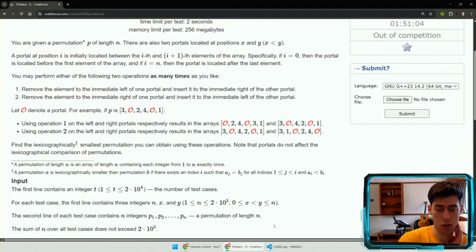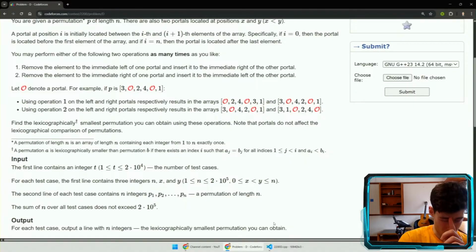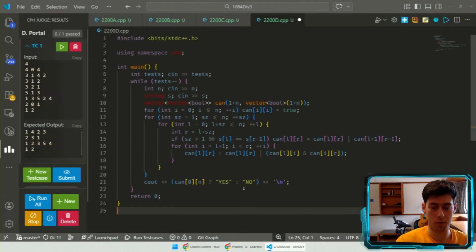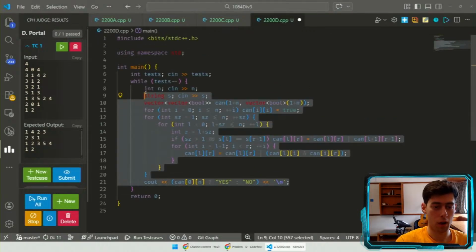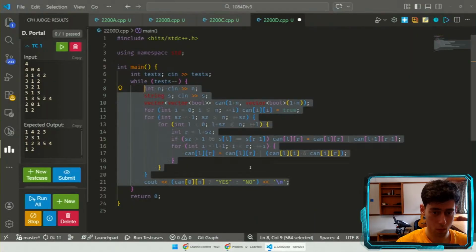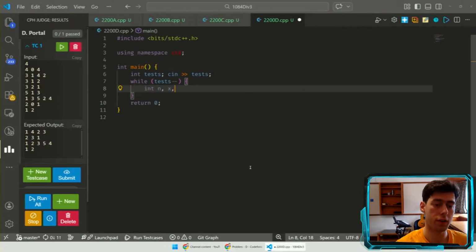Since this is a permutation, it makes things easier. Because if this was an arbitrary string, I'd have to do a suffix array or something. But since it's a permutation, choosing the best cyclic shift is easier because you just choose the smallest value. And x and y.